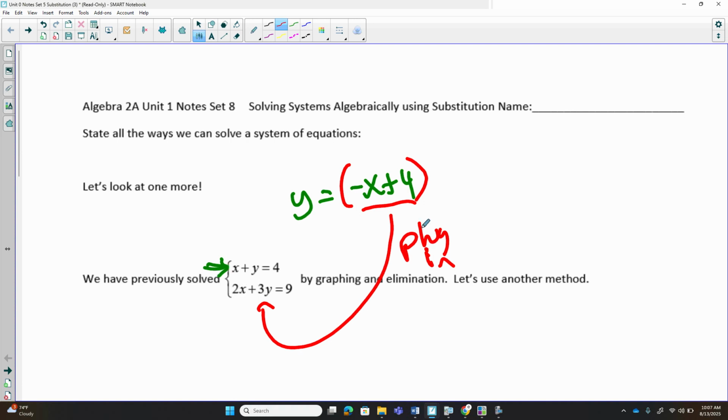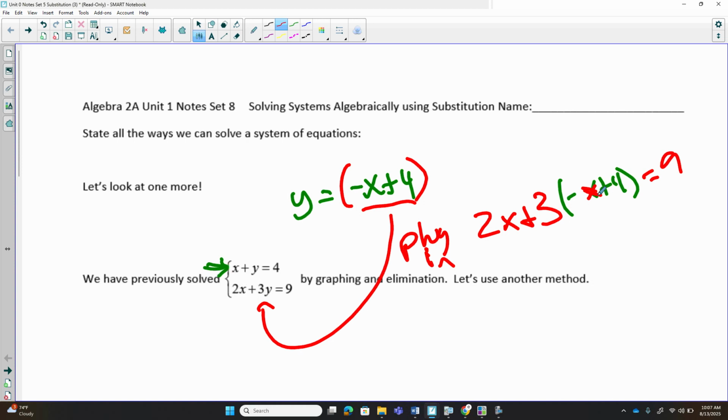So we're going to write this as 2x plus 3 parentheses negative x plus 4 close parentheses equals 9. Sloppy handwriting. That's okay, though.